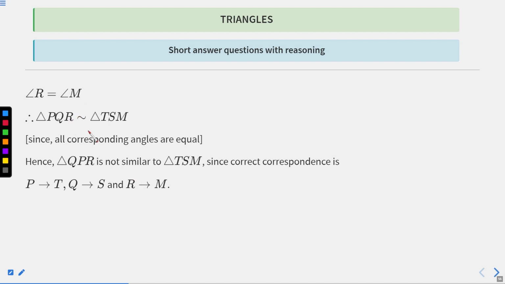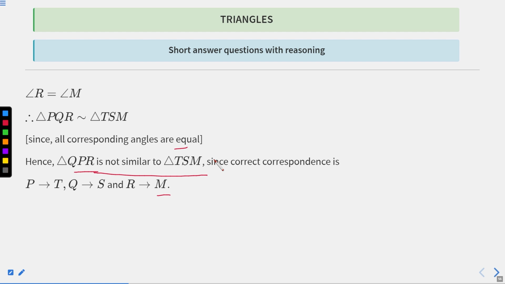Since the correct correspondence is P to T, Q to S, and R to M, triangle PQR is similar to triangle TSM, but triangle QPR is not similar to triangle TSM.